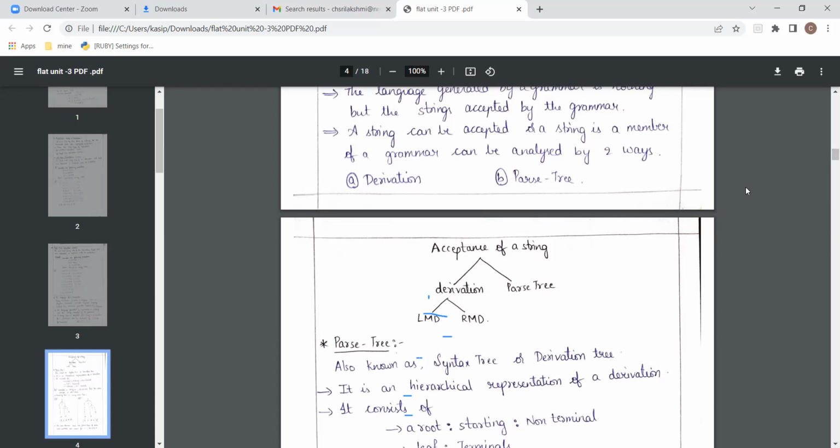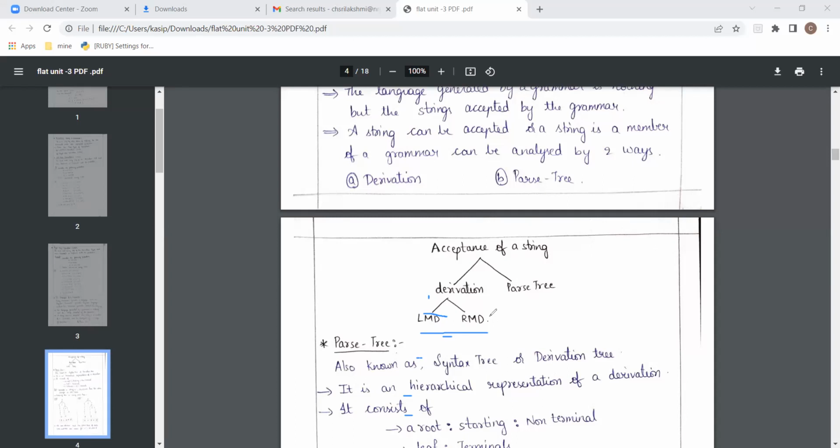In the derivation, I already told you, there is the leftmost derivation and the rightmost derivation. As we have already done, how to derive from the left side and how to derive from the right side with the same string.